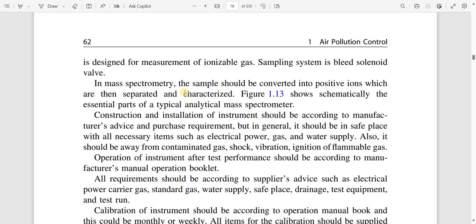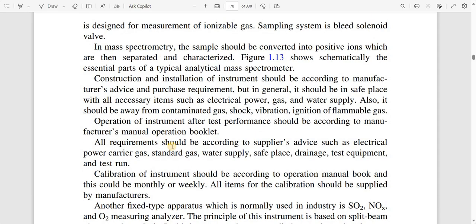In a mass spectrometer the samples should be converted into positive ions which are then separated and characterized. Figure 1.13 shows schematically the essential parts of a typical analytical mass spectrometer.